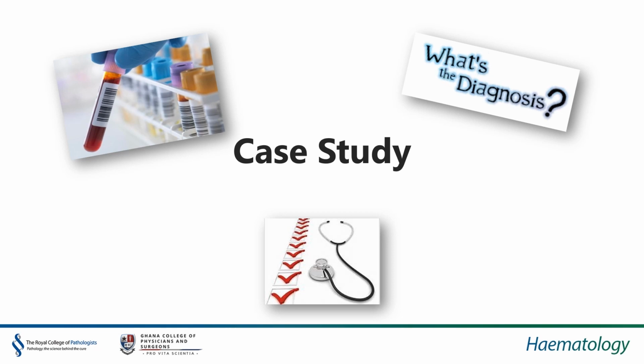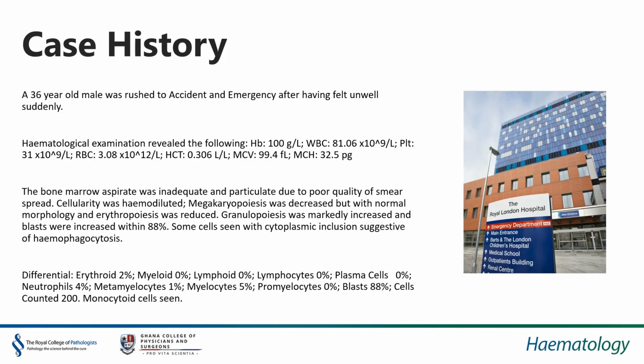With the following hematological parameters: a hemoglobin of 100, white cell count of 81, and a low platelet count of 31. They did a bone marrow aspirate, which was inadequate but particulate due to the poor quality of the smear spread, so the cellularity was quite hemodilute. The megakaryopoiesis was decreased, but with normal morphology, and erythropoiesis was reduced.